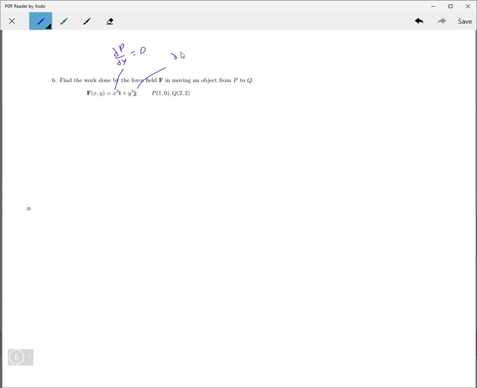And if you take the partial of Q with respect to x, you're also going to get 0, because there's no y's in here, there's no x's in there. So that means that this is a conservative vector field, and so we find the potential function by solving these equations.